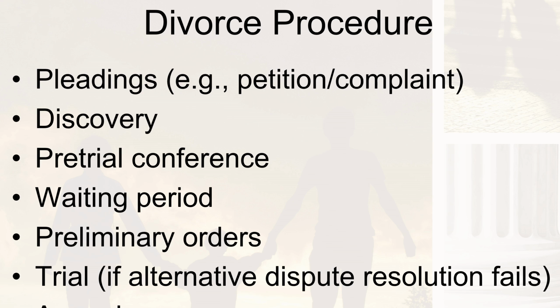So examples of preliminary orders can include the following: granting temporary physical custody of the children to one of the parents who will become the custodial parent and the parent with whom the child is living; granting temporary child visitation to the non-custodial parent or the parent who's not living with the child; granting temporary child support; granting temporary spousal support; granting temporary attorney's fees and related court costs.